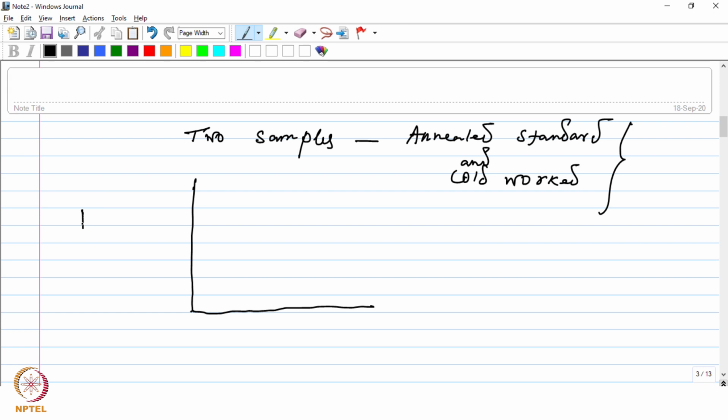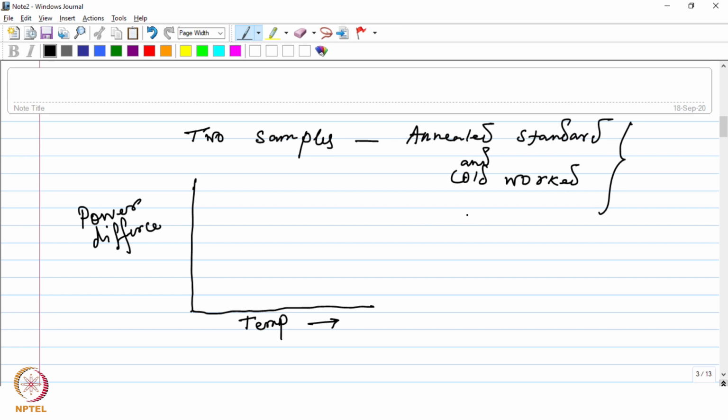So as I said, there will be a power difference. The power needed to heat these two materials, the standard annealed sample and the cold worked sample, will be different. So that can be plotted against the temperature as you continuously heat it.